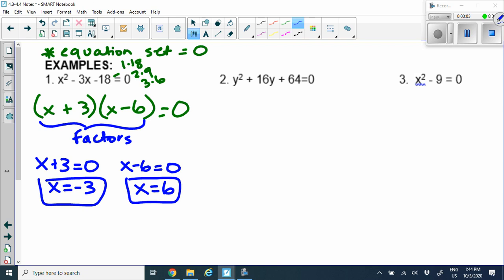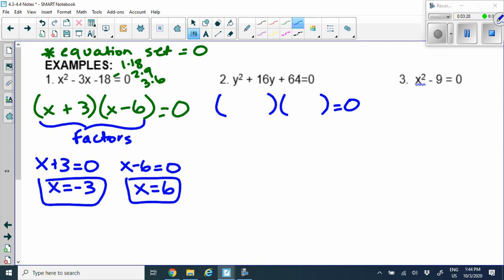Now let's try that for number 2. So we have y squared plus 16y plus 64 equals 0. Is this already set equal to 0? Yes. So we get to factor. So we create my two sets of parentheses equal to 0. Okay? Now, is there anything we can take out that these three terms have in common? No. So that's why I set my two sets of parentheses, because they don't have a variable in common and they don't have a number.